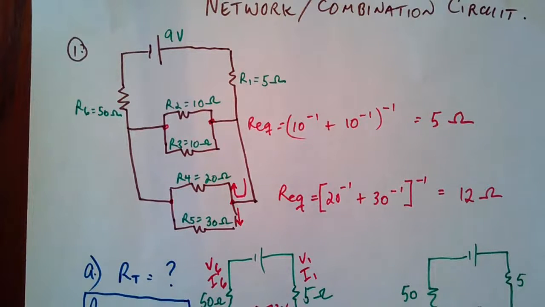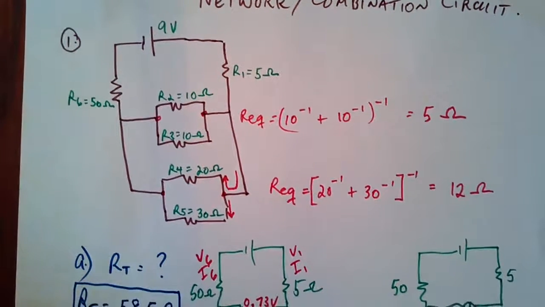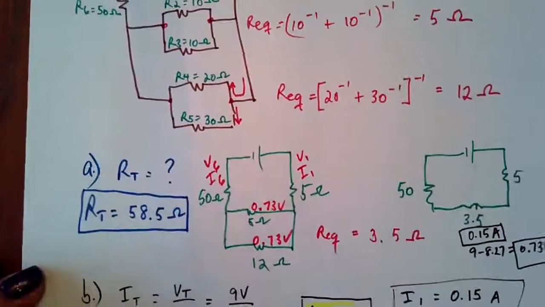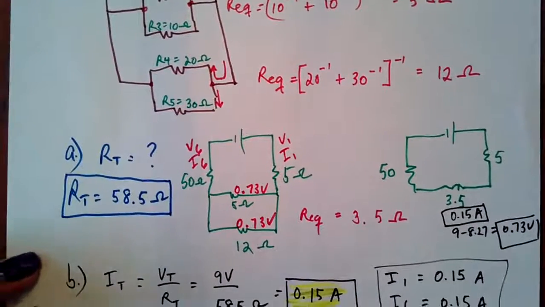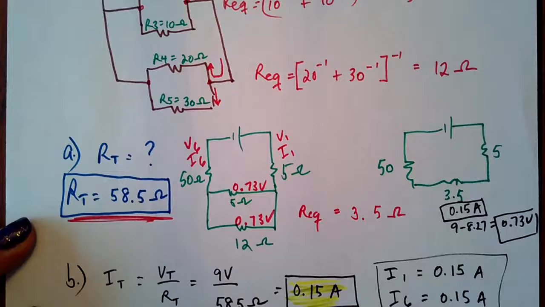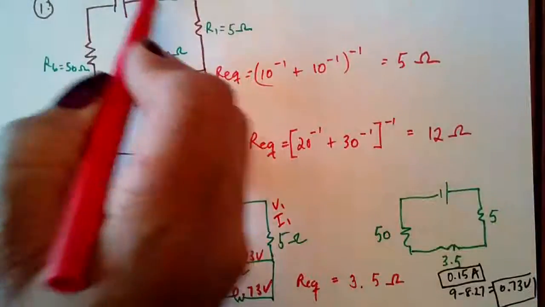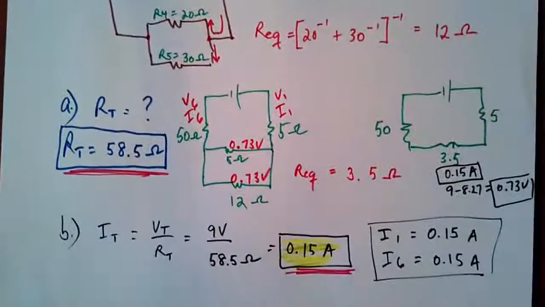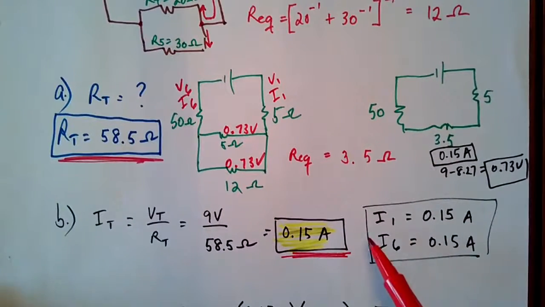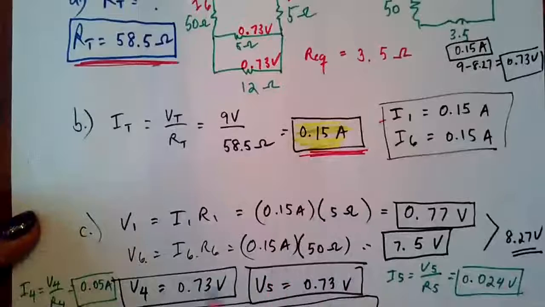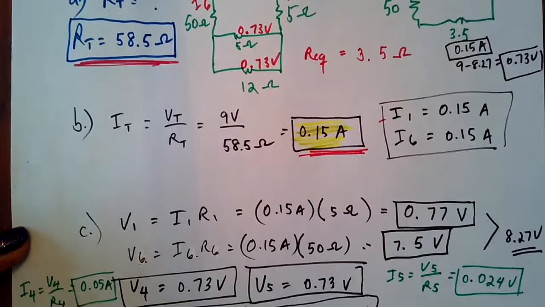So we have done everything here for our circuit analysis. Just to summarize what we have found, we found the total resistance, we found the total current, we know the total volts is 9 volts, we have found the individual currents, we have I1, I2, I3, I4, I5, and I6.